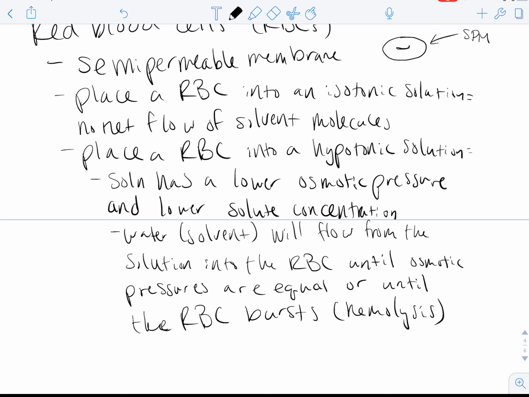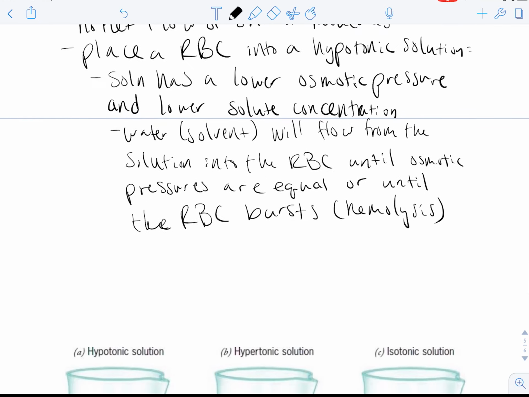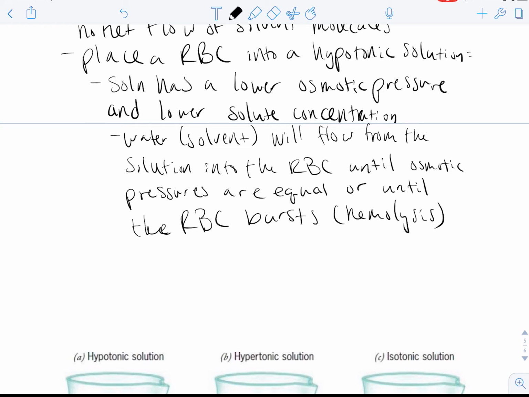So if there's a great enough difference between those osmotic pressures, the water will keep flowing in until it bursts. So if we can't get to a point where the osmotic pressures are equal, then they will burst. Okay?